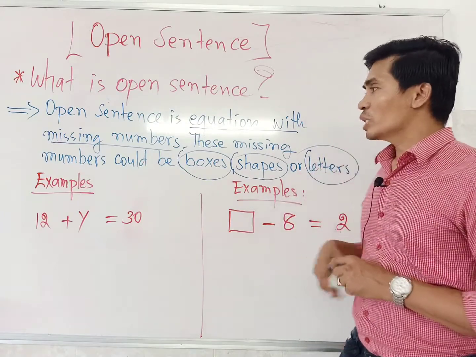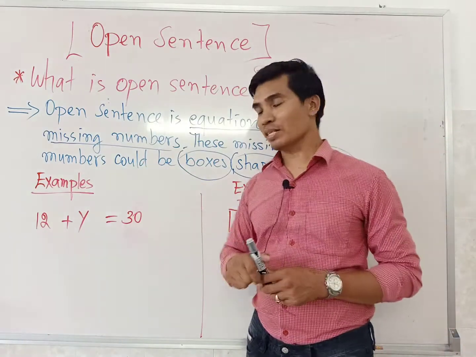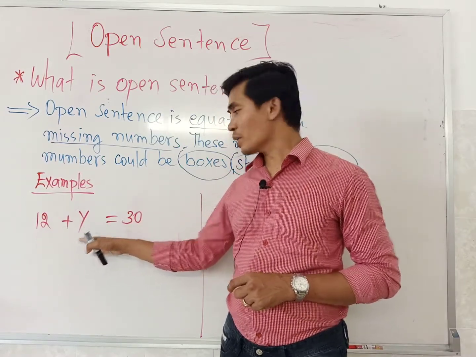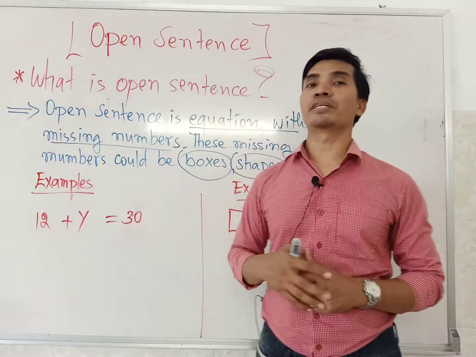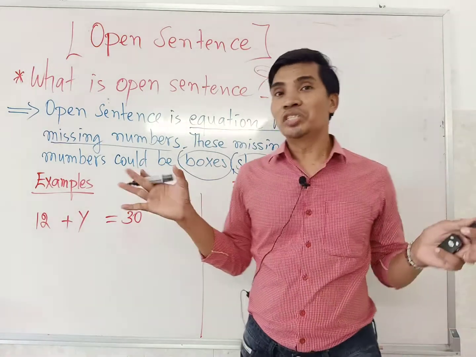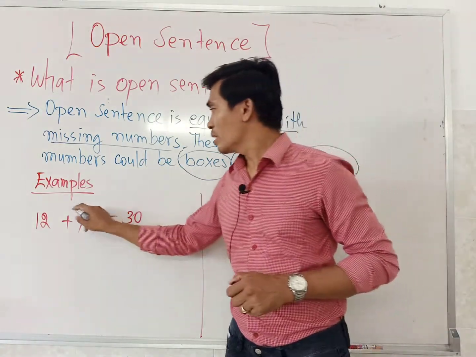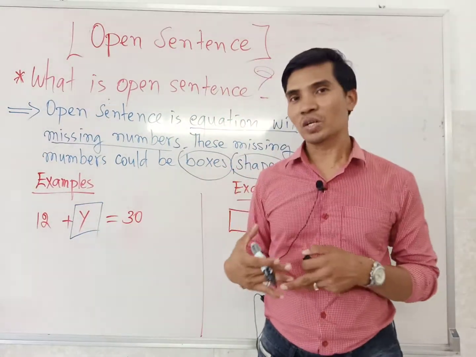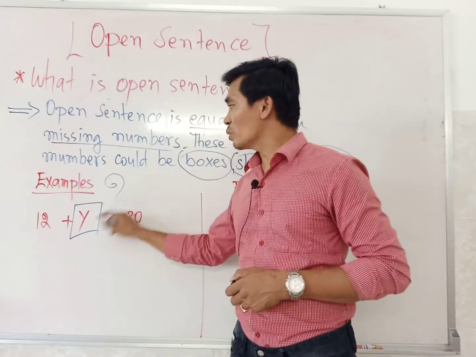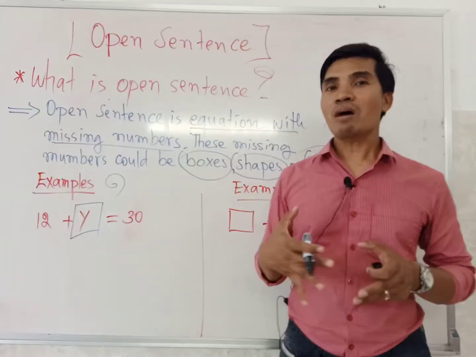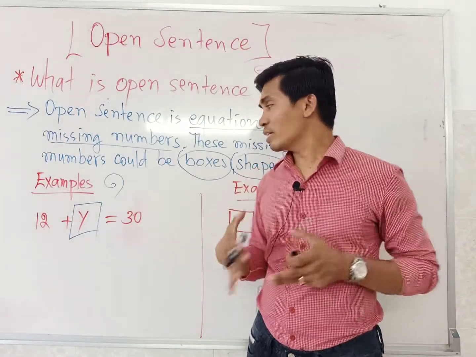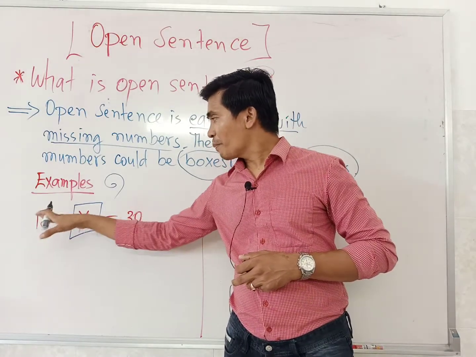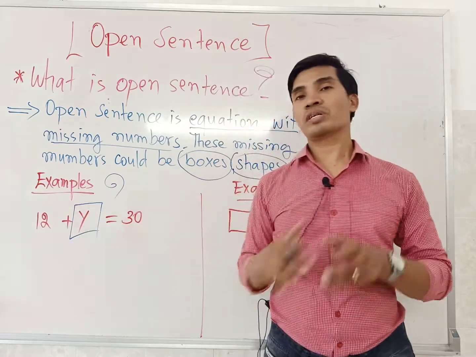Here is an example of an open sentence: 12 plus y equals 30. You know the missing number is y, and it is replaced by a letter. Then you have to find the value of y. So how much is y in this open sentence, 12 plus y equals 30?